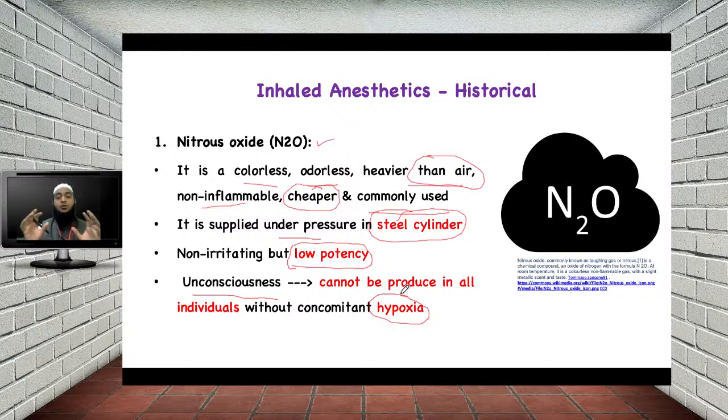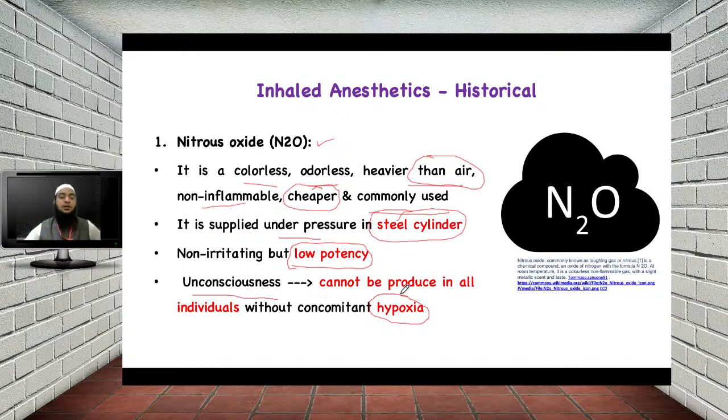Why do we use carbon dioxide? Because carbon dioxide produces partial hypoxia in the brain, and due to that it produces dilatation of the cerebral blood vessels. When there is more dilatation of the cerebral blood vessels, the movement of the anesthetic drug from your blood to the brain becomes quick.